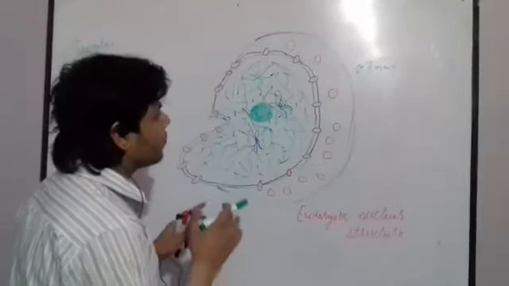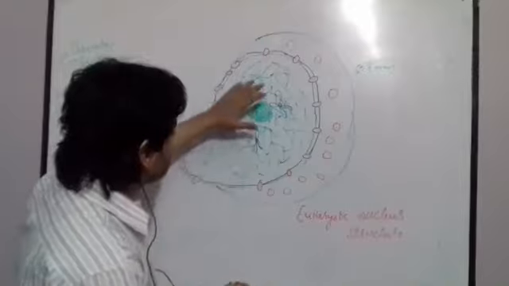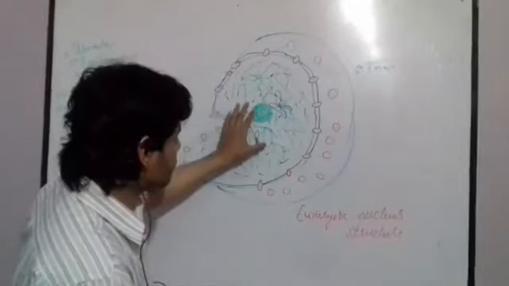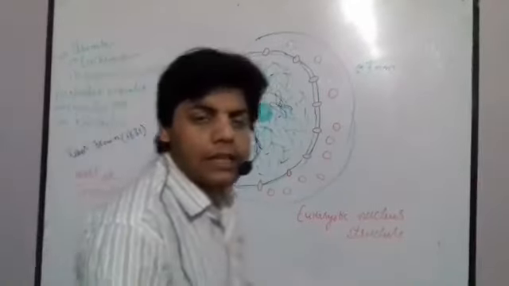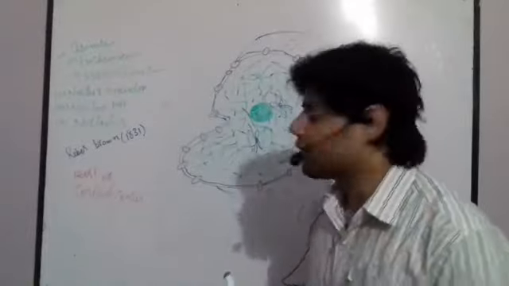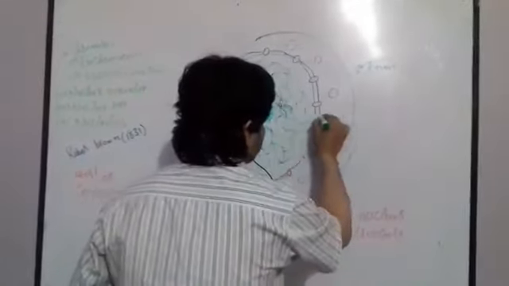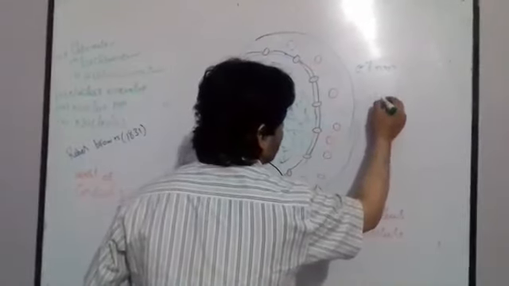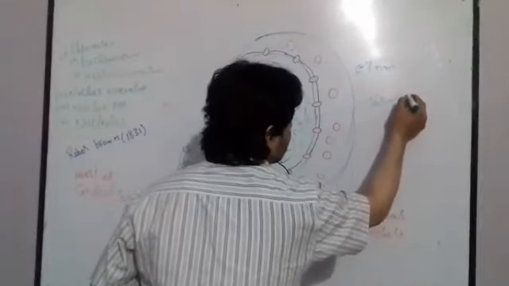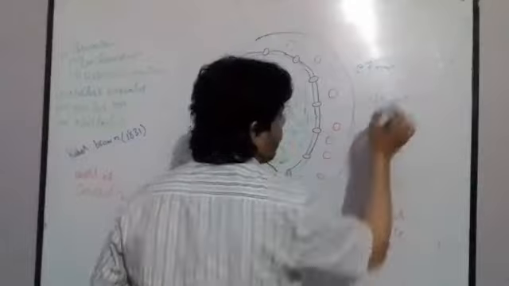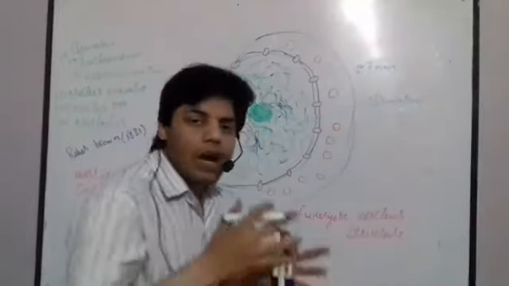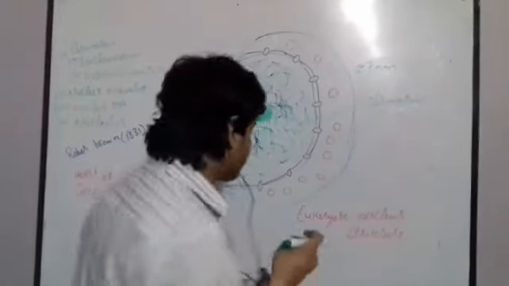Now let's talk about the structure. As you are watching this green area inside the nucleus, these areas are called chromatin. Chromatin is present in the nucleoplasm.